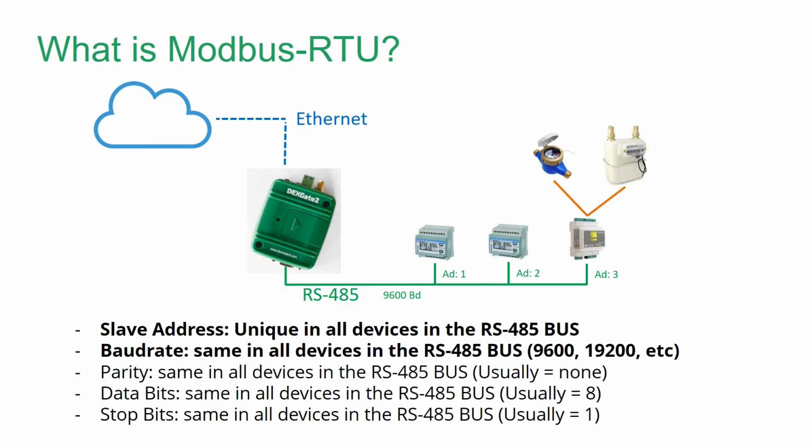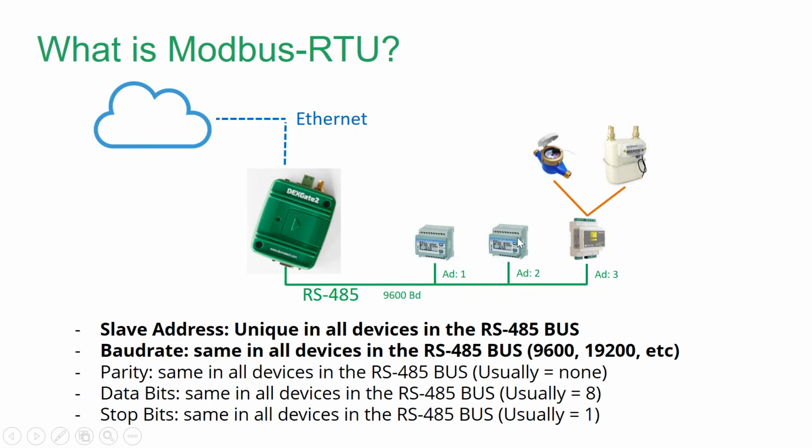And as you can see, the whole bus is set to the same baud rate. This is 9,600 bauds, which is a very typical one. All the devices in the bus have to be set to the same baud rate.